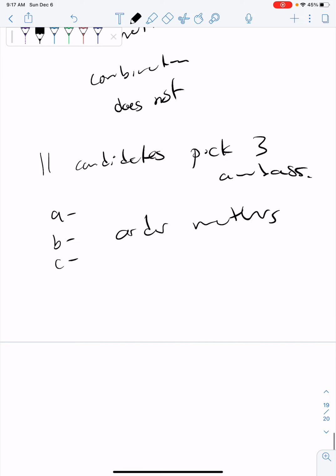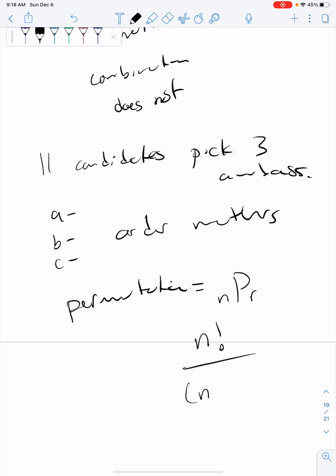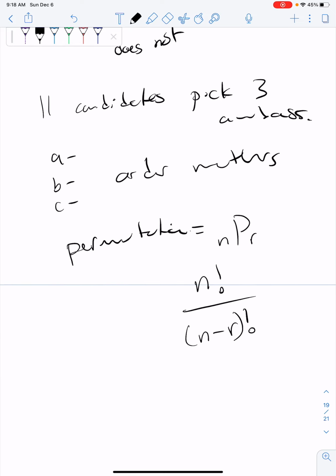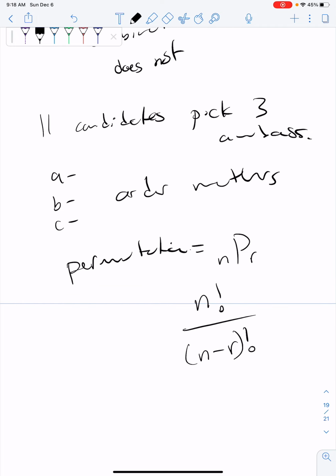So I'm going to use my permutation formula. And that's on your notes. Permutations, it's the one that has a little n, a big P, and a little r. And it's n factorial divided by n minus r factorial. Okay, so to do that, n is my number of people.